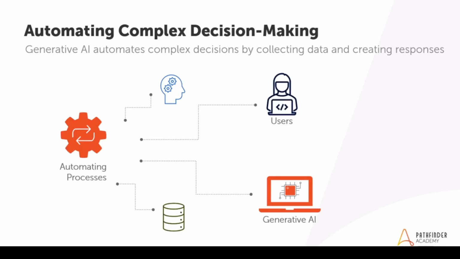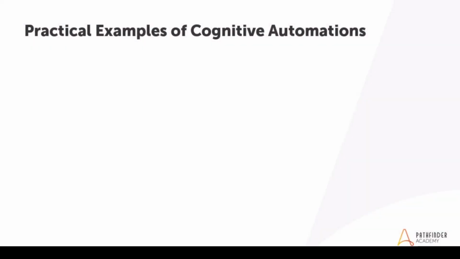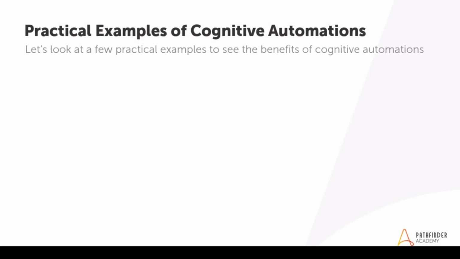Generative AI can automate complex decision-making processes by analyzing input data and generating appropriate output. For instance, in customer support, it can process user inquiries, understand their intent, and generate relevant responses. The ideal input for generative AI in this scenario might be a user query like, "How do I reset my password?"